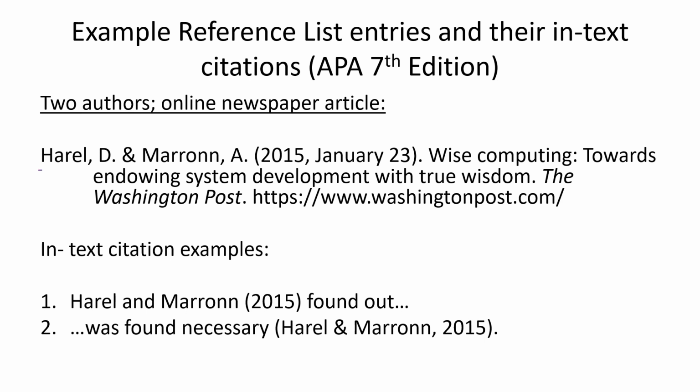You begin with the surname of the first author, comma, the initial, and then the ampersand before the surname of the second author, comma, the initial, then enclose in parentheses the complete date of publication of the online newspaper article, followed by the title of the newspaper article.